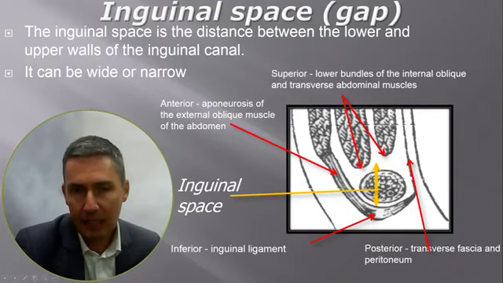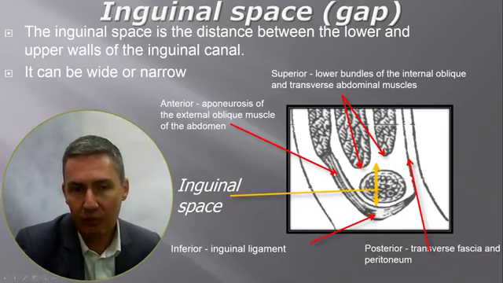And posteriorly, as you remember, the transverse abdominis muscle is covered by the transversalis fascia. So by this picture, the walls of the inguinal canal are demonstrated, and I will repeat again.